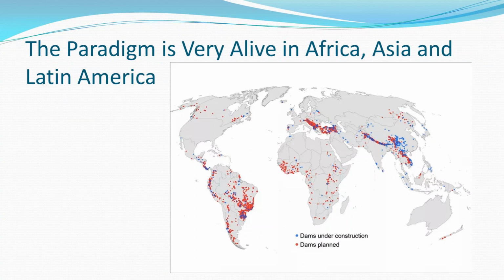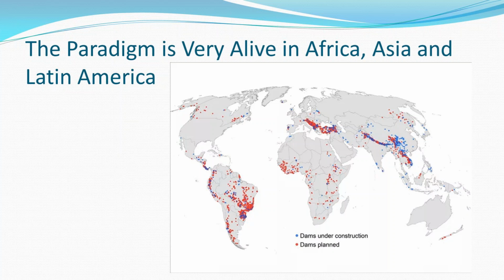Now, one of the many challenges of protecting deltas is that in the United States, for example, we're not building very many dams now.